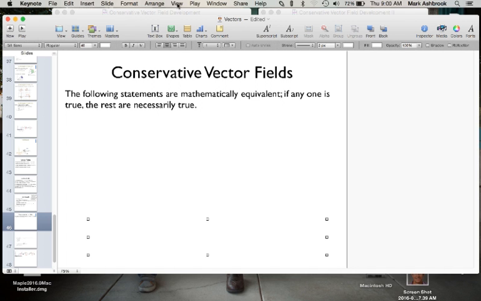So proving that a vector field is conservative, you're not going to go the route of showing that every closed loop is 0, because that's too many. So let's check this one. Actually, this one is (x squared, xy). Confirm that it's not conservative.